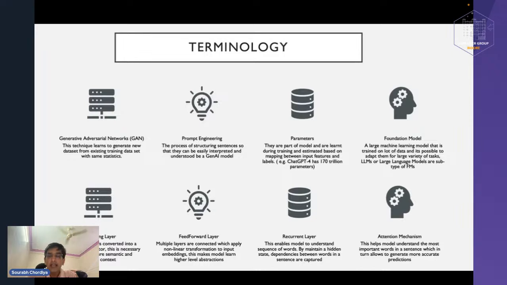You can type it in n number of ways, right? So let's say you say, okay, I like pav bhaji, for example, and how do I make it? Or you can say it in a way that, please give me a recipe of pav bhaji. Both of these would basically have the same output, but the second question would have a much more precise output because we have specifically asked a question.